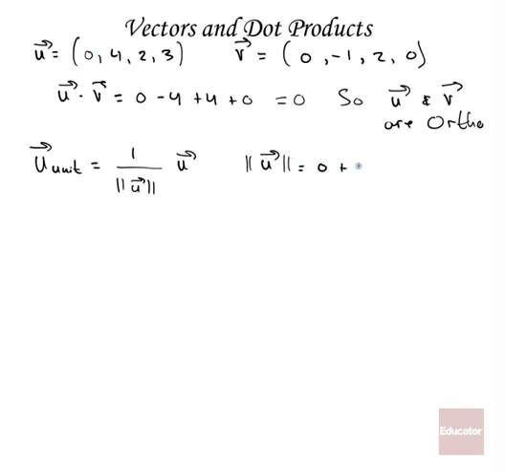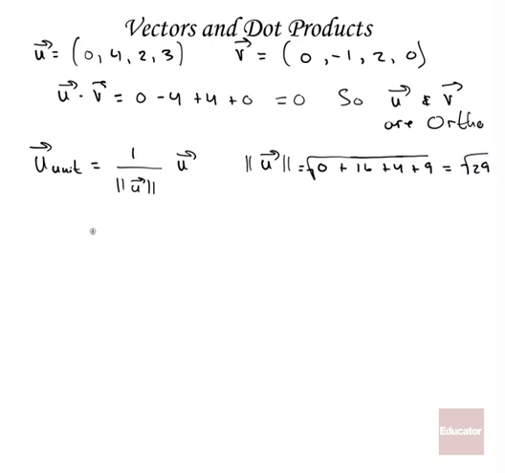The magnitude of u equals 0 plus 16, 2 times 2 is 4, 3 times 3 is 9, all under the radical sign. Radical 29.